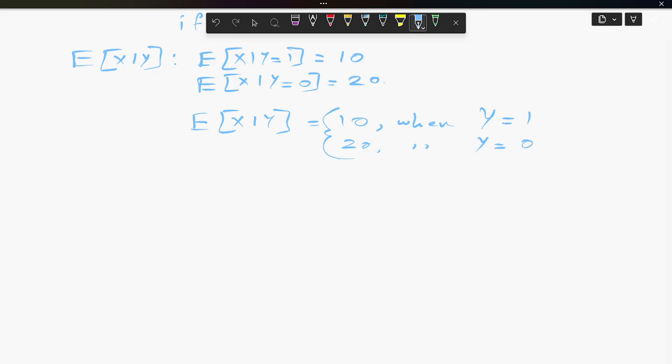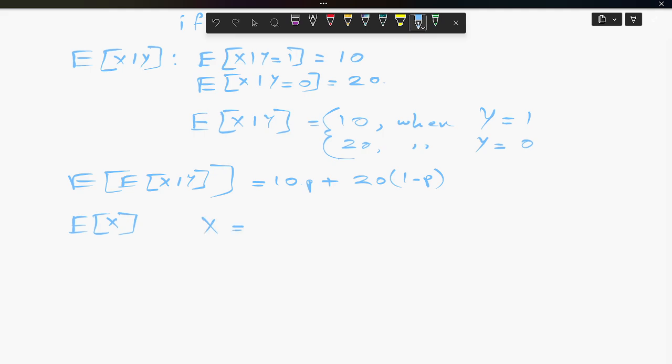Now we have to find E[E[X|Y]]. That equals 10 times p plus 20 times (1 minus p). And now we have to compute E[X].